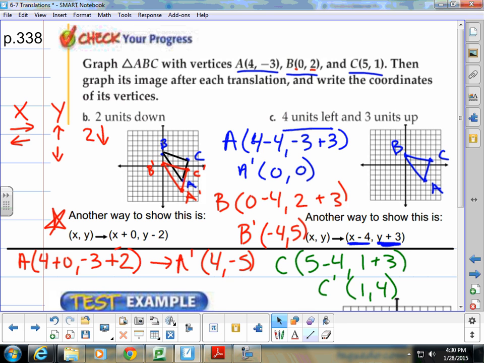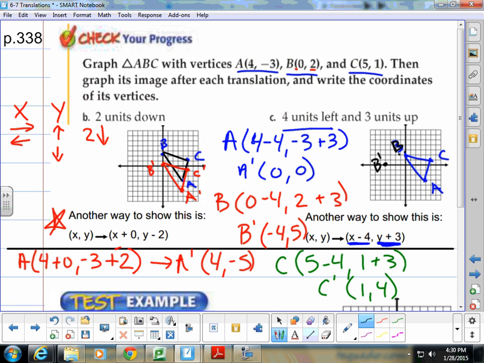Let's check our accuracy there. So we're going to go 4 to the left, 1, 2, 3, 4. And 2 down, which works. 4, down 2. So B prime did end up there.